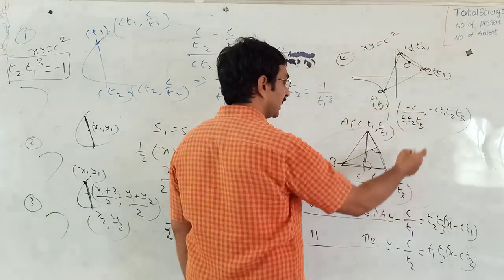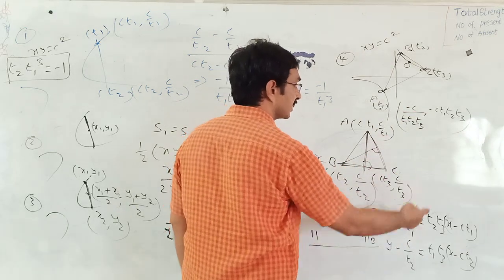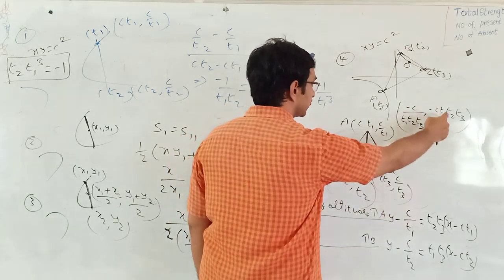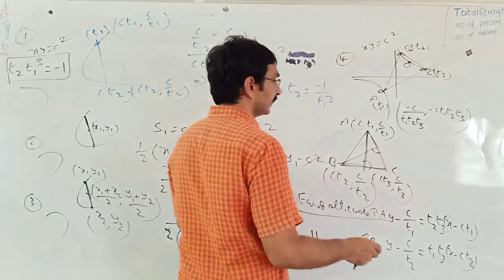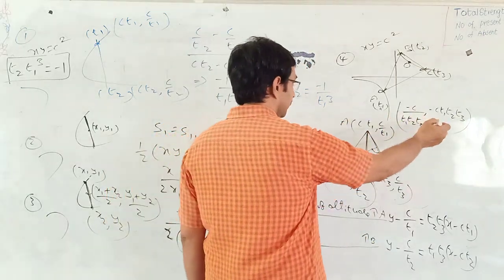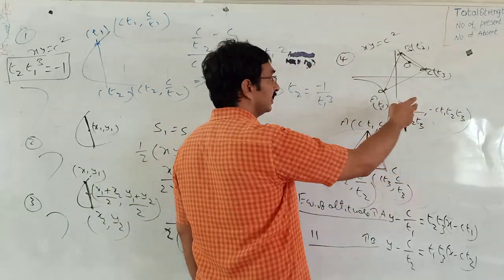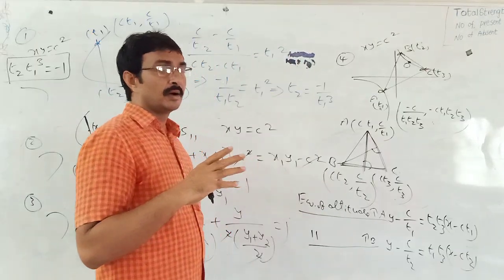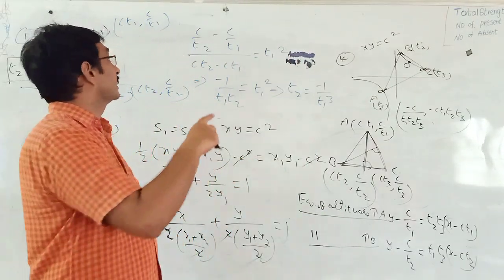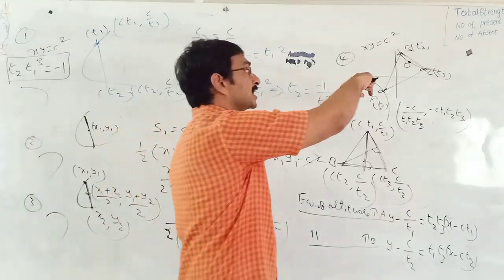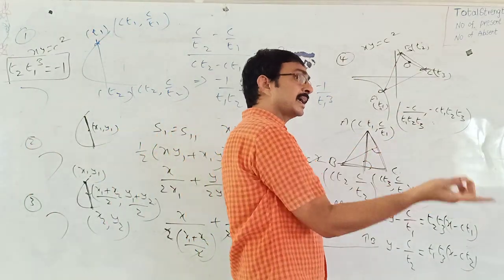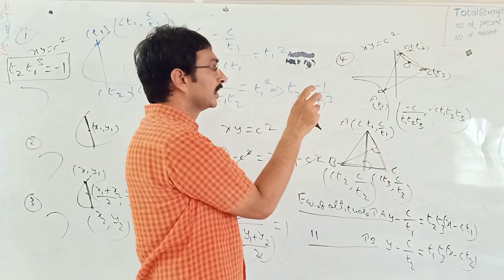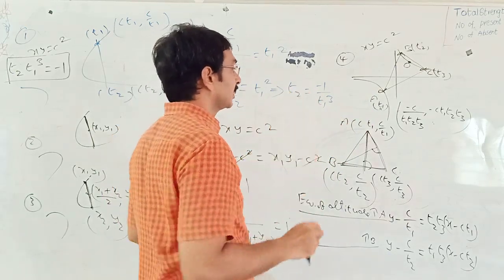By substituting this value in the first or second equation, we get the y coordinate, minus c T1 T2 T3. So memorize this formula, and the main one: the orthocenter of the triangle formed by any 3 points on the rectangular hyperbola xy equal to c square again lies on the curve. So remember that one.